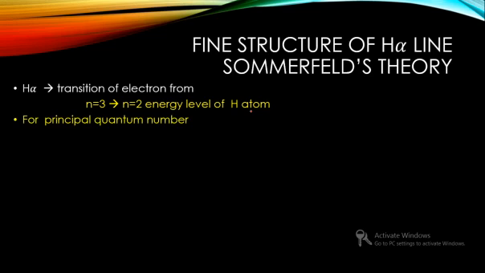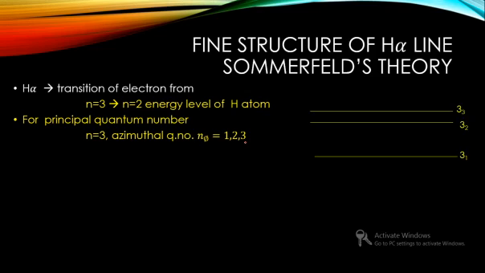According to Sommerfeld theory, for any principal quantum number n, there would be n values of n_phi. For n equal to 3, the azimuthal quantum number n_phi would be 1, 2, 3. So instead of a single orbit, you now have 3 energy levels: 3,1, 3,2 and 3,3, different values of n_phi for the same orbit 3.